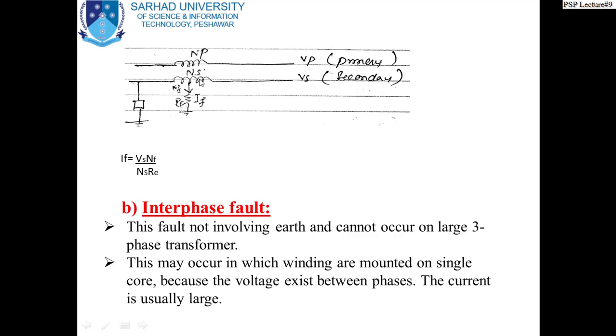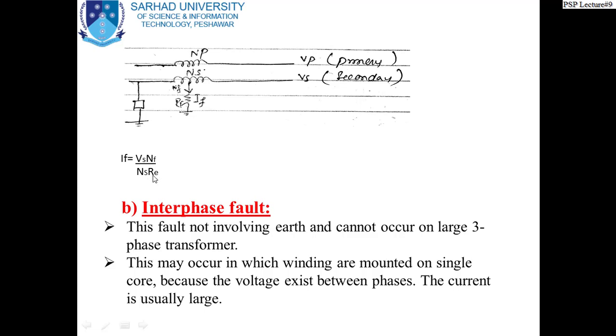Okay. Now the voltage between this point and the earth is equal to the voltage per turn, which is Vs divided by Ns, multiplied by the total turns Nf. So this is the total voltage between the fault point and the earth. Vs Nf divided by Ns, and divided by Re.